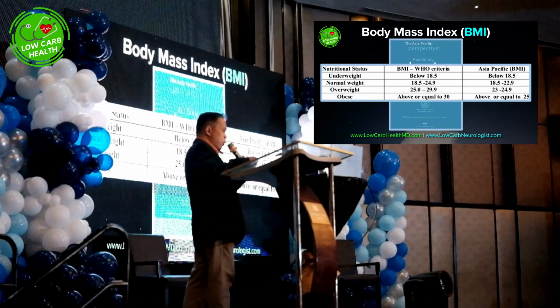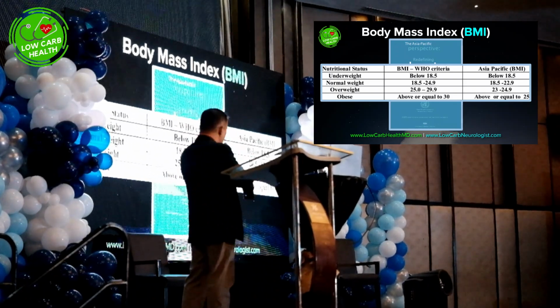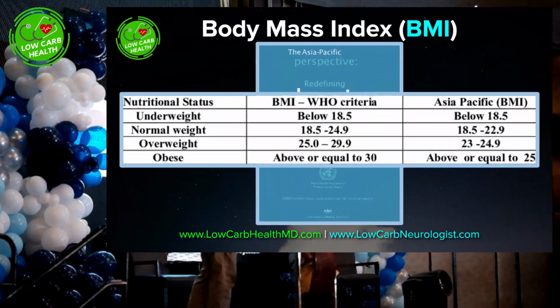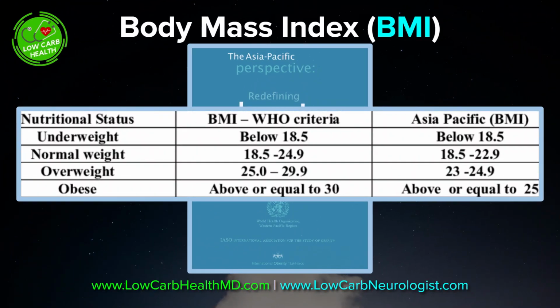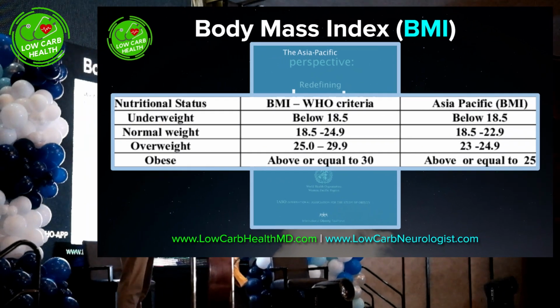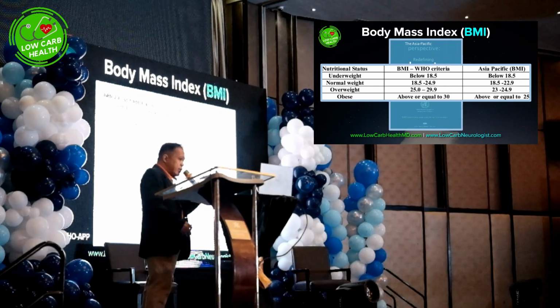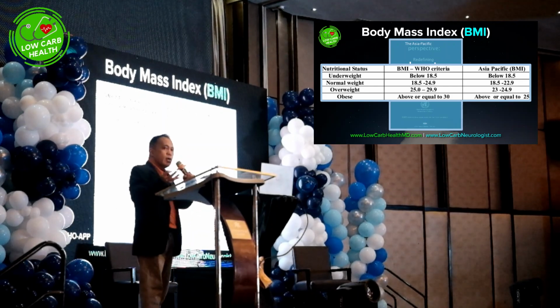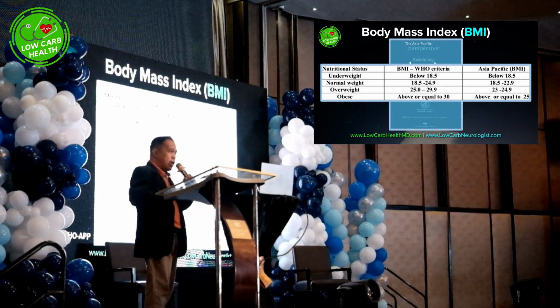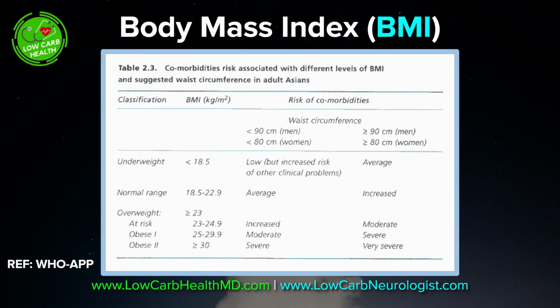So overweight is now between 23 and 24.9, and obese class 1 and above is 25, way lower than the cutoff of 30 for the global criteria, which is helpful because the comorbidities associated with obesity are more prominent, especially among the Asia Pacific population, with a lower cutoff for obesity, which is 25.